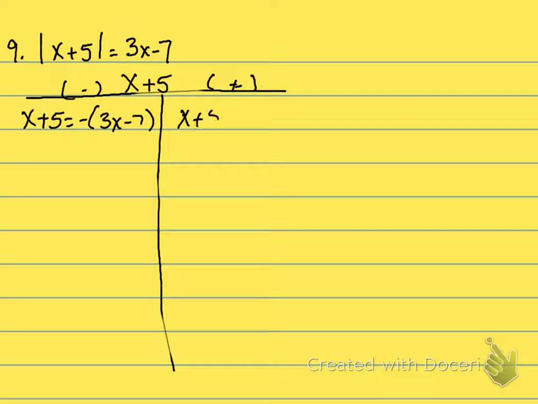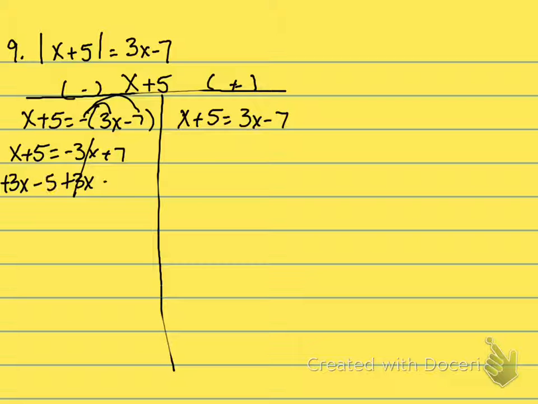So the negative side has x plus 5 is equal to negative 1 times 3x minus 7. And then x plus 5 equals 3x minus 7 on the positive side. We distribute the negative through the binomial, and we get x plus 5 is negative 3x plus 7.